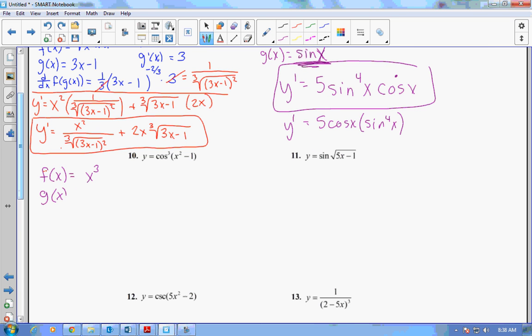Okay, g is cosine of x squared minus 1. Now I might make up another function, h, because we have a double chain. H would be x squared minus 1. I would start on the inside first, probably, because we need to know the derivative of g, but you have to do the chain rule on the g to get the derivative of it.